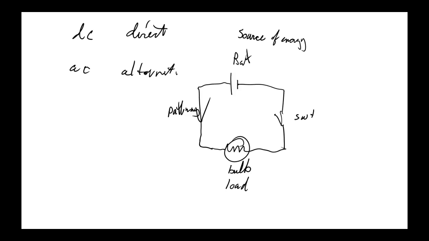Switch is not absolutely necessary, but that helps you control it. Okay? That's what basically makes a circuit. You have to have a completed loop in order for it to happen. So the electrons move from the energy source, the battery, to the load and through the wires.